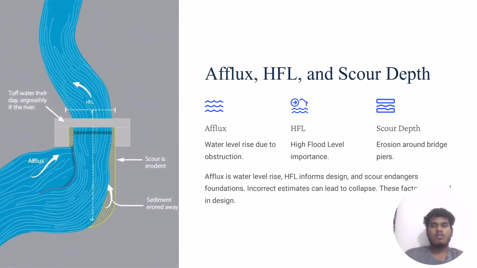Then the next one is HFL. HFL means high flood level. High flood level means the maximum height of the water in flood condition, meaning in the rainy season. Then the second one is scour depth. Scour depth is the depth of the soil removed due to erosion.